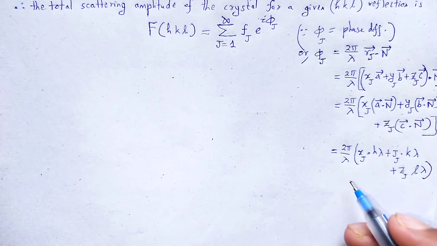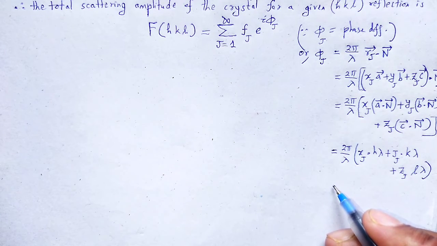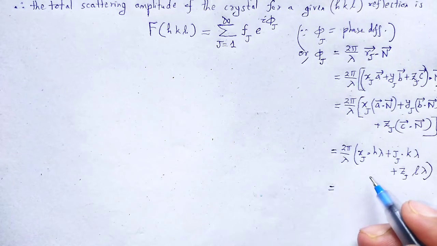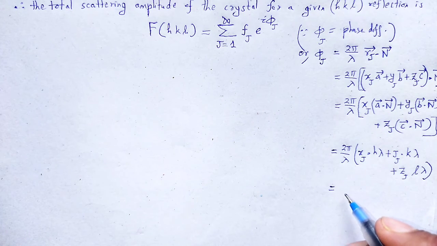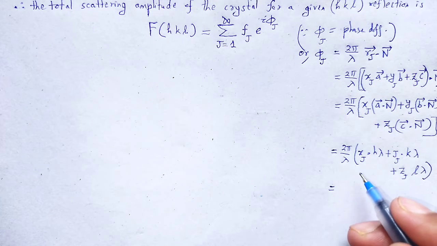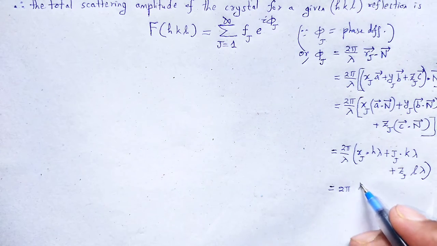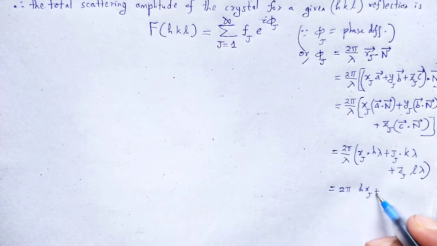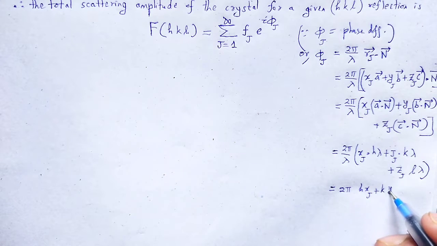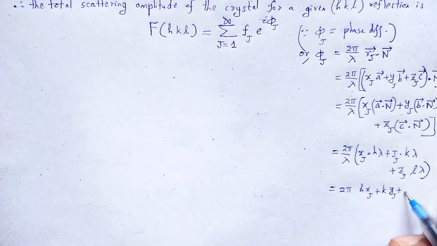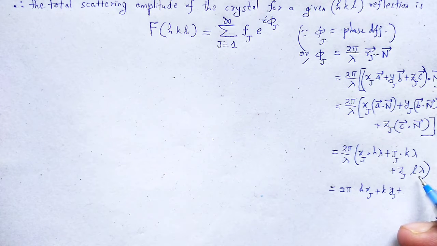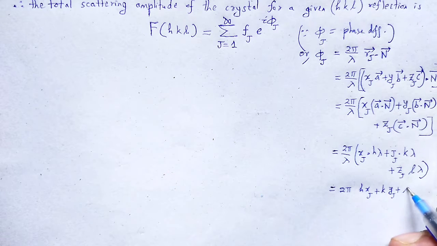When expanding it, lambda and lambda cancel out, 2 pi as common, h xj plus k yj plus l zj.